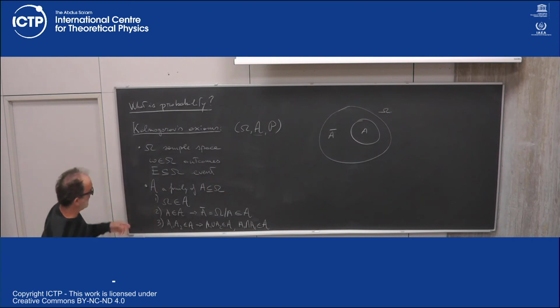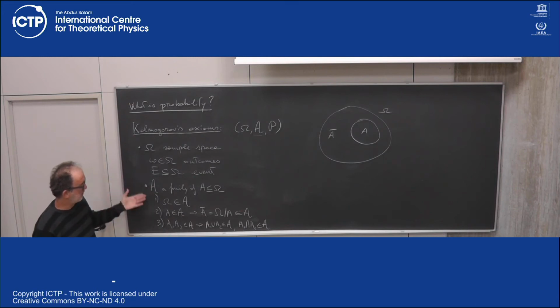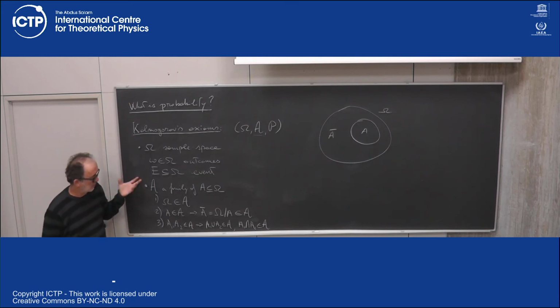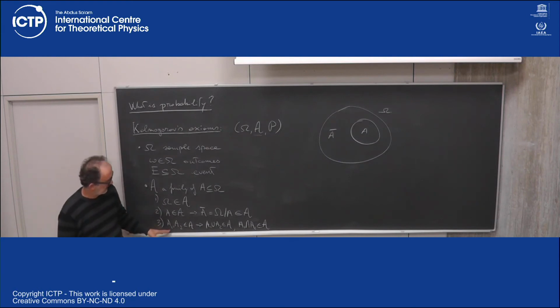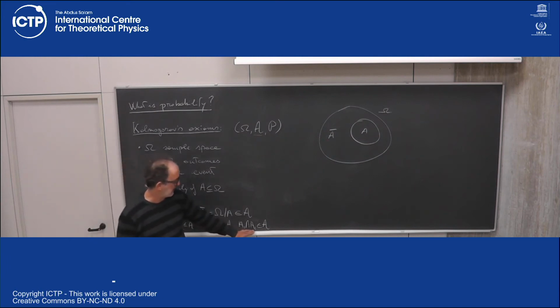So the idea of this definition here is that this family should contain all the events that you may want to talk about. So if you are interested in events A1 and A2, then you should also be able to talk about the event that either A1 or A2 happens, or that both A1 and A2 happen.